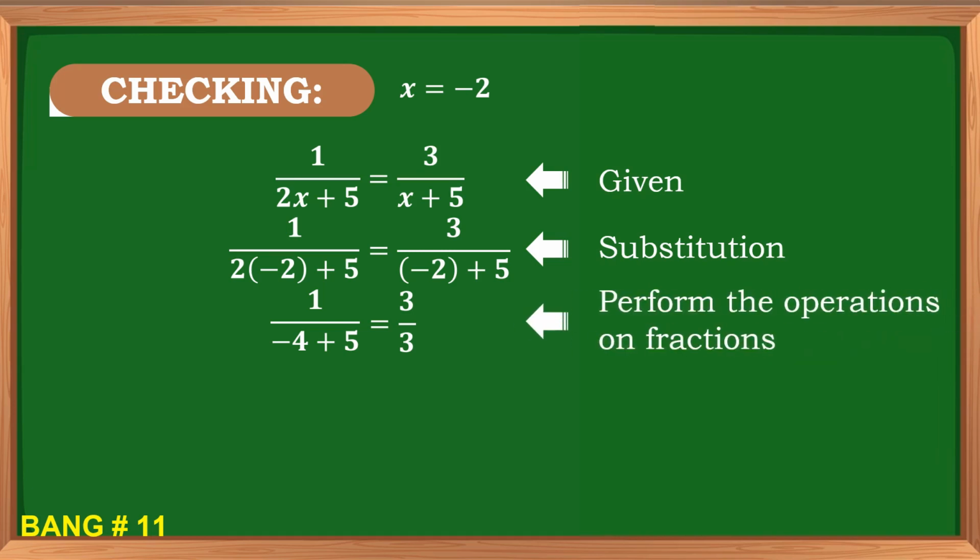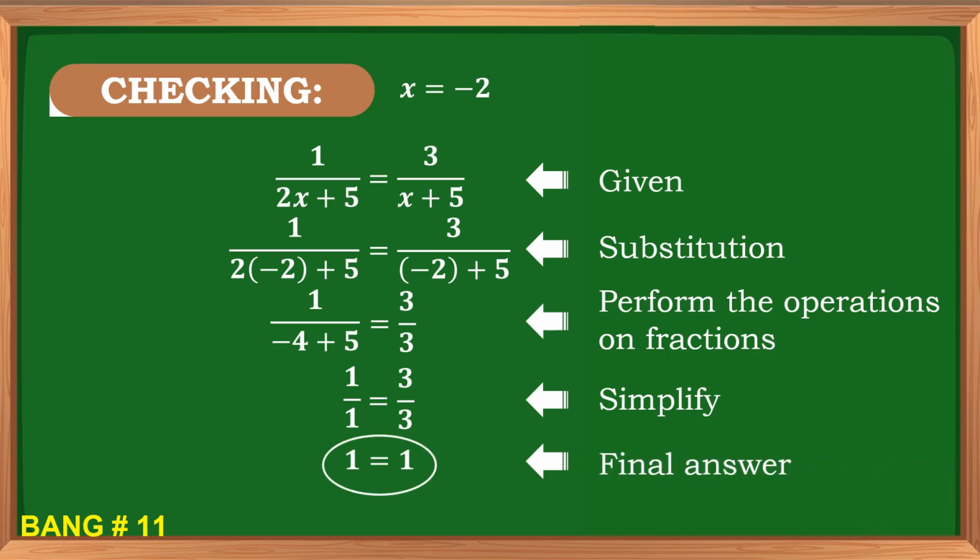So that will give you 1 over 1 is equal to 3 over 3. So 1 over 1 is equal to 1, and 3 over 3 is equal to 1, meaning the value of your x is correct. And that's your final answer.